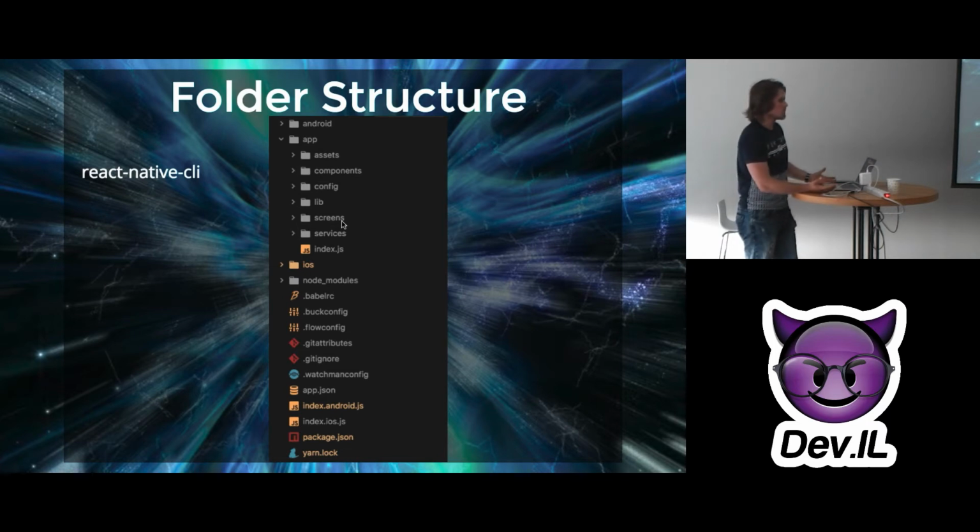In every application you have several screens, so screens will sit under screens. Services will have some external logic, like maybe an API service to call, for example, Firebase to authenticate your app, or stuff like that. And lib can also be called utils, and inside config you basically put constants, routes, stuff like that.